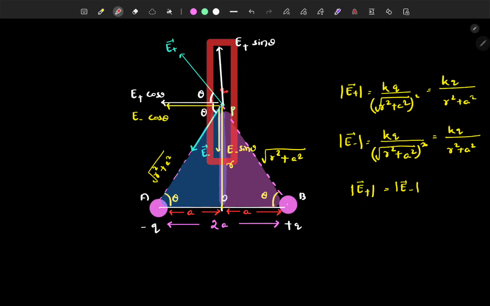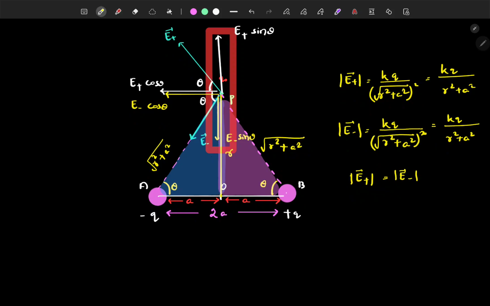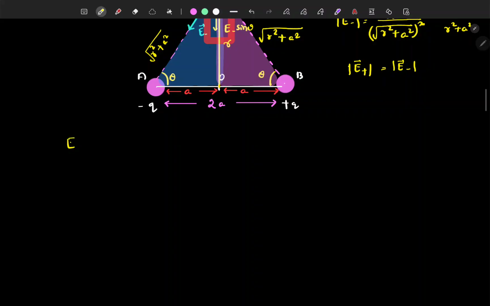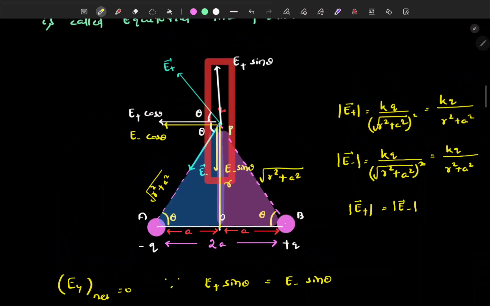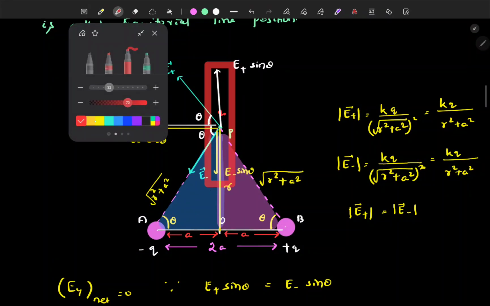So E net along y direction, E y net is equal to 0, as E plus sin theta is equal to E minus sin theta.